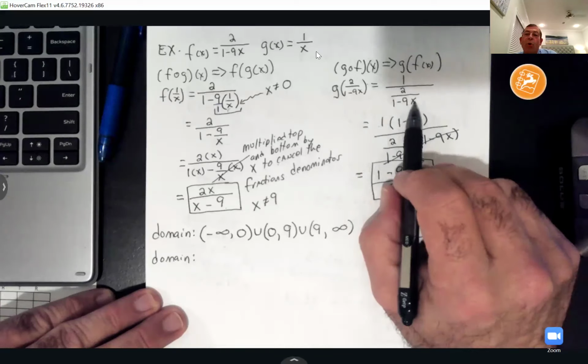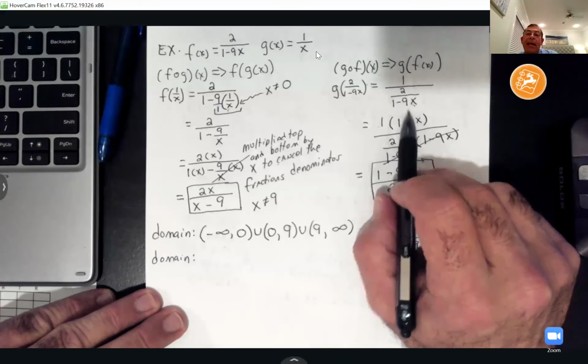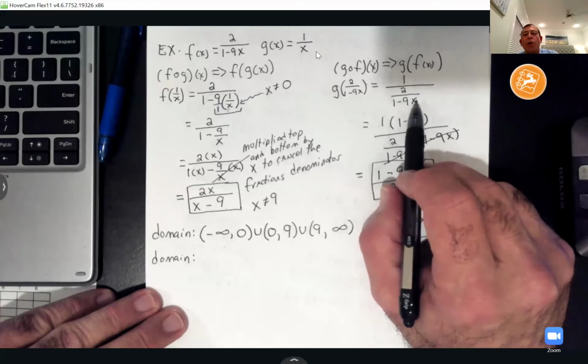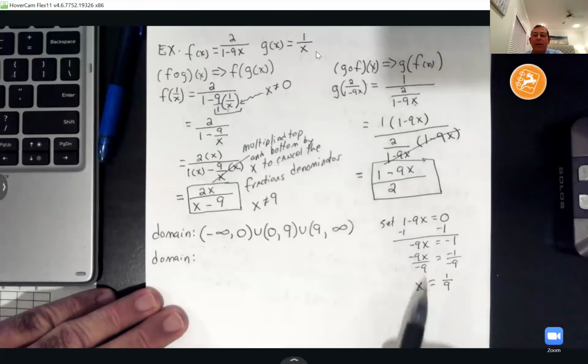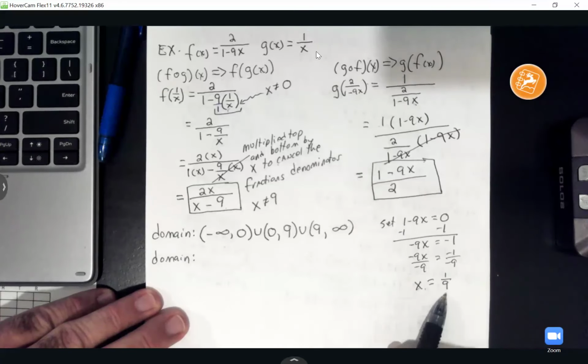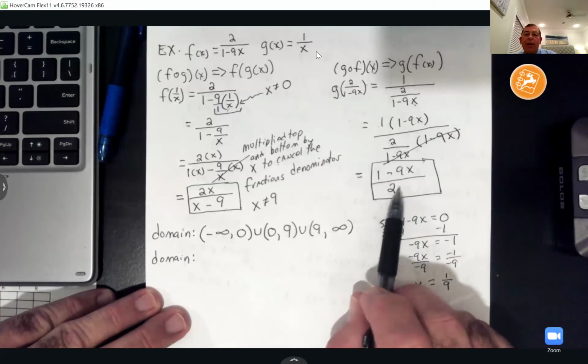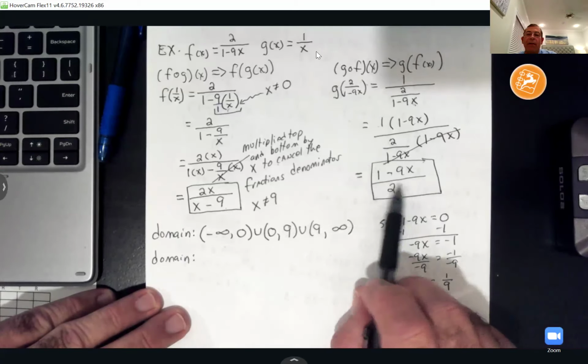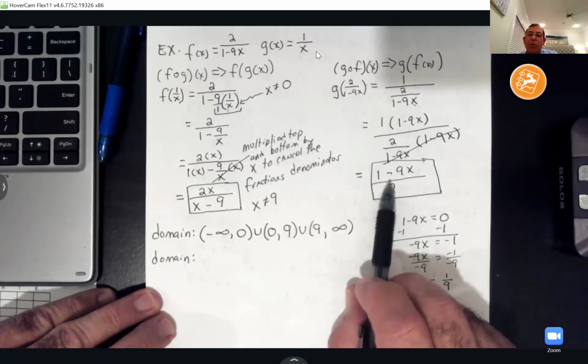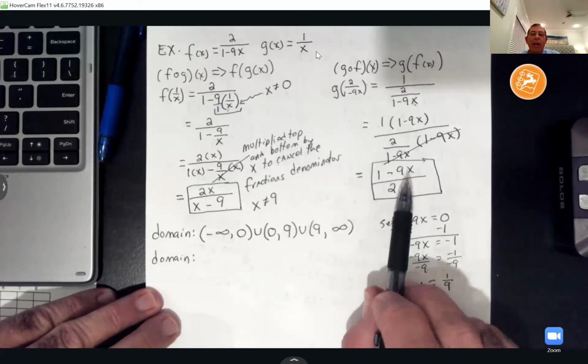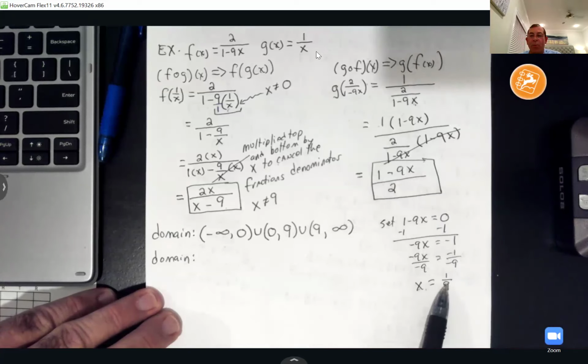That means if you put a 1/9 in here, the 9's cancel, and 1 minus 1 makes that a 0. So we have to kick out this 1/9. And all I have on the bottom here is a 2. There's no way to turn that 2 into a 0, so I've only got one number to worry about, which is that 1/9.